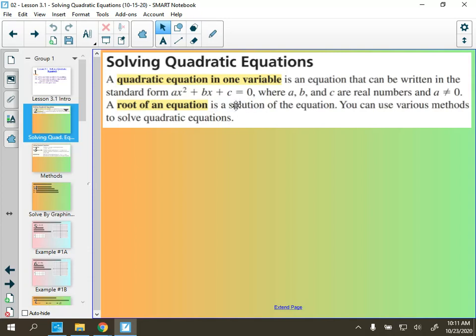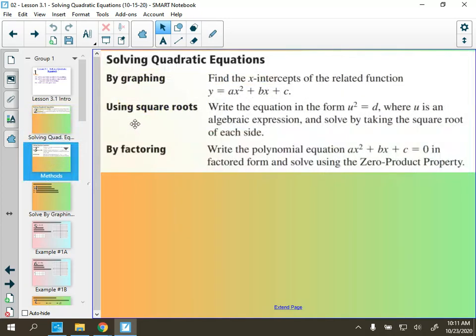Okay, overview is here. The graphing is real basic. We'll break each one down more specifically, but by graphing, the solutions are my x-intercepts. We want the equation to be equal to 0. Square roots is more your traditional algebra.